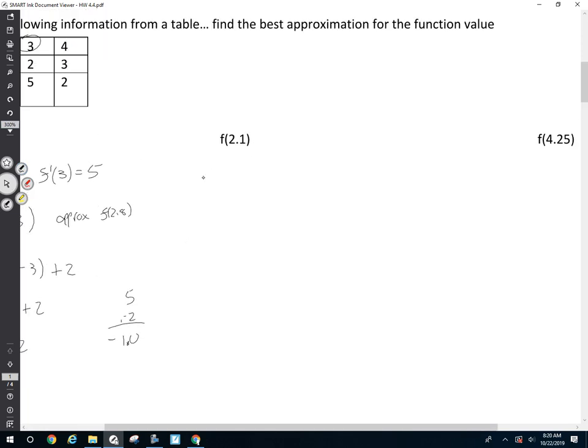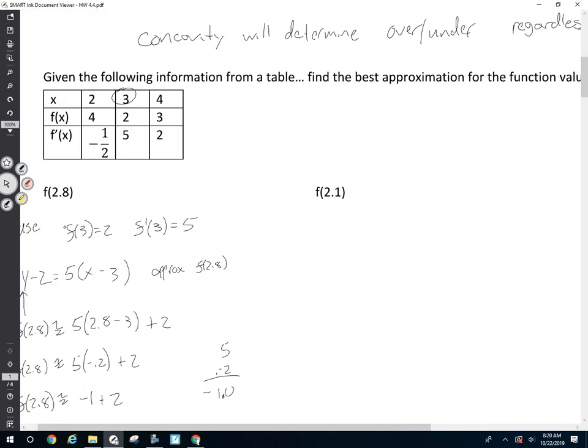All right, so f of 2.1. I'm not going to use the equation from 3, 2, because I have another point that's closer to 2.1: x equals 2. So I'll use f of 2, which equals 4, and f prime of 2, which is negative 1/2. So I have y minus 4 equals negative 1/2 times x minus 2.